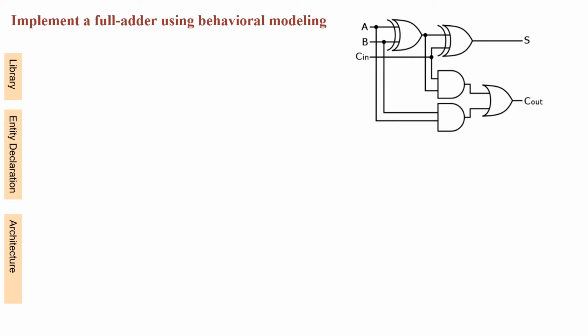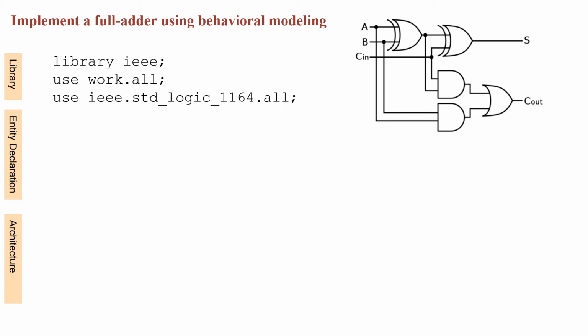The first 3 lines in our code for full adder.vhd are going to be the library declaration, so we're going to add the 3 lines for that. And then the next part in our code will be the entity declaration. So let's decide on naming the full adder file or entity as entity full adder, and that is again going to be the file name.